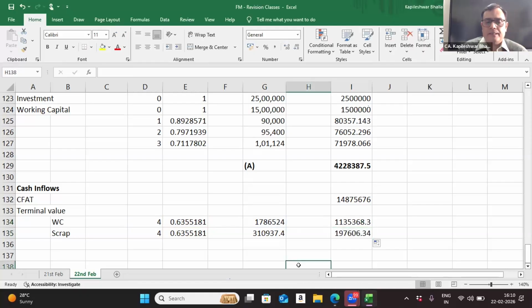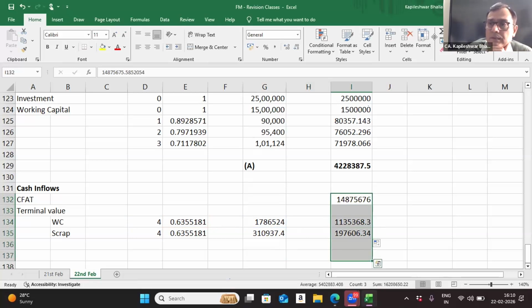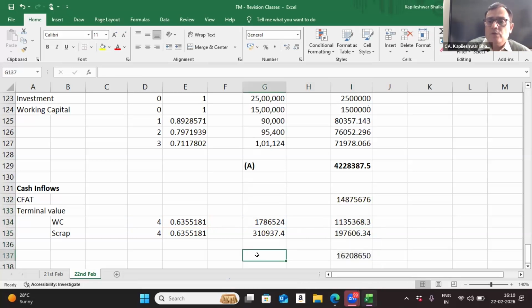I guess that's all. We can just scrutinize the question and look at anything which is not yet taken. Let's take the sum total of this, and this is going to be B. So this is the sum total of the inflows as well.